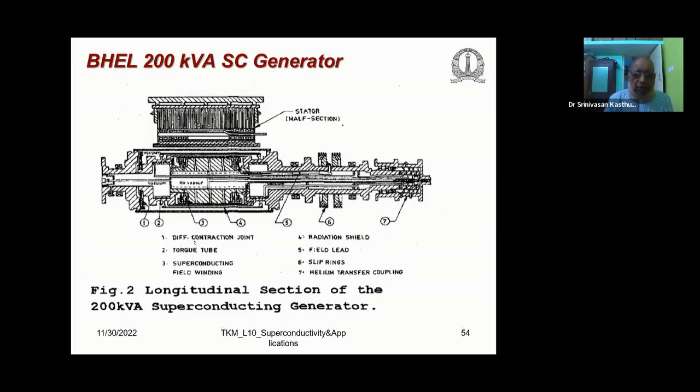And there is a component here, I think number 7, called the helium transfer coupling, which was built by us at IISc Bangalore and then integrated with the generator developed by BHEL Hyderabad.